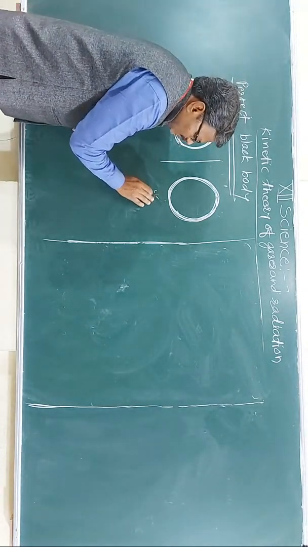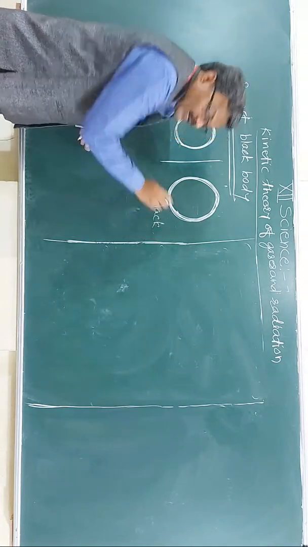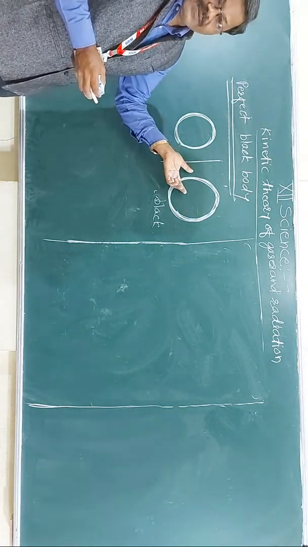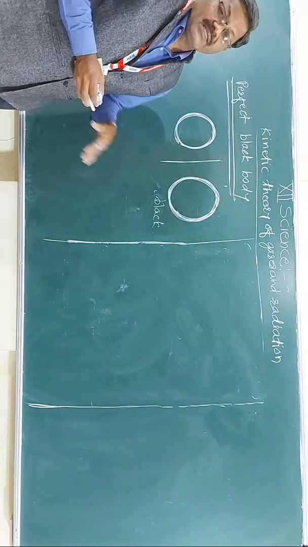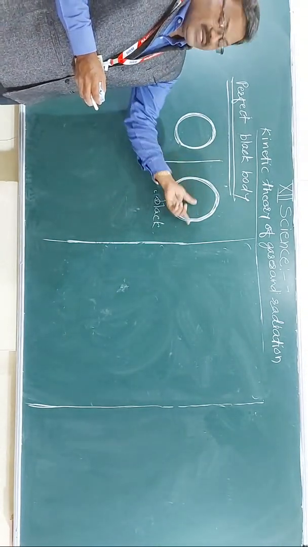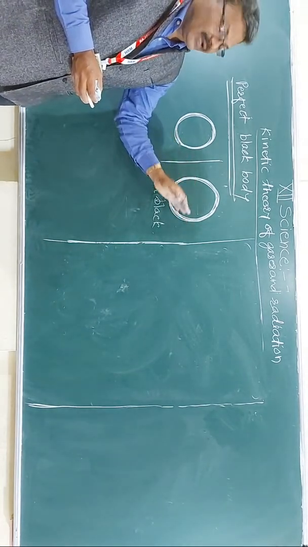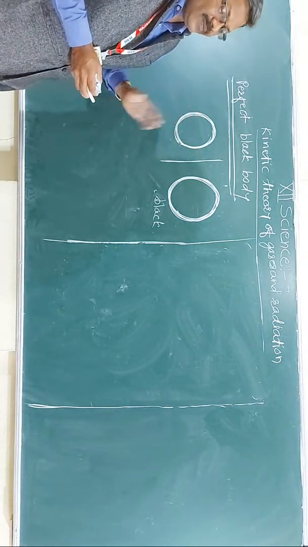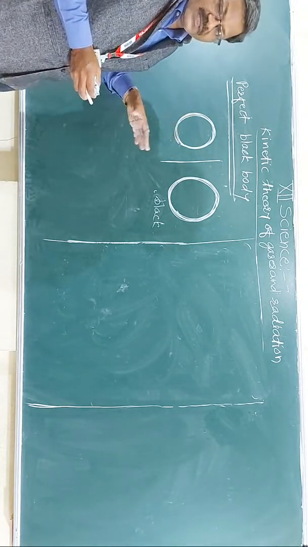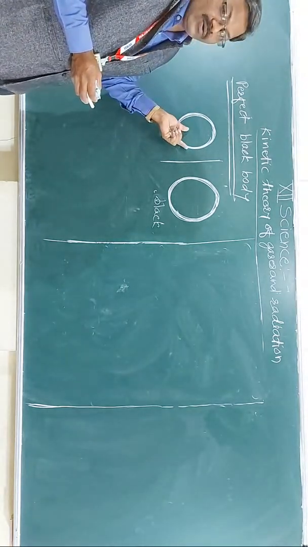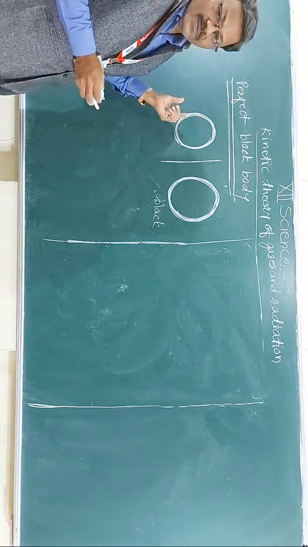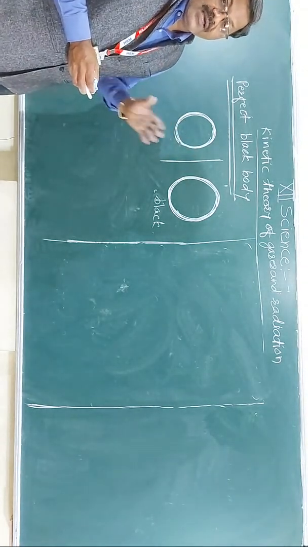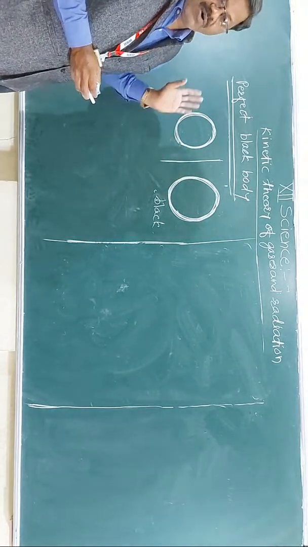And in case of the black painted body, mostly energy is absorbed by the body, and a small quantity of radiant energy is reflected from this body. Actually, in each body, the rate of absorption is equal to the rate of emission. Therefore, the temperature of this body remains the same.